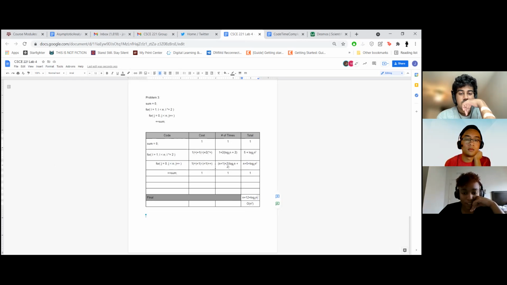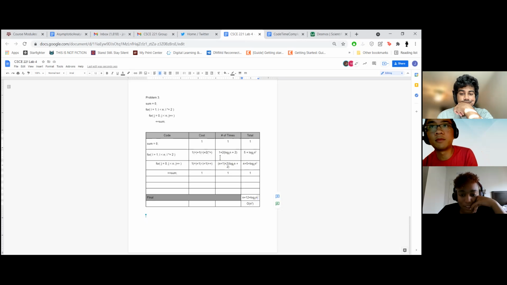I don't think it does. Yeah, but then we're running it log 2 n times, right? So we'd have to multiply it by that. Or, oh wait, I'll need to redo this. Okay, so the number of times gets pretty long. 1 times 2, that's a square. I thought I did it and this was right.